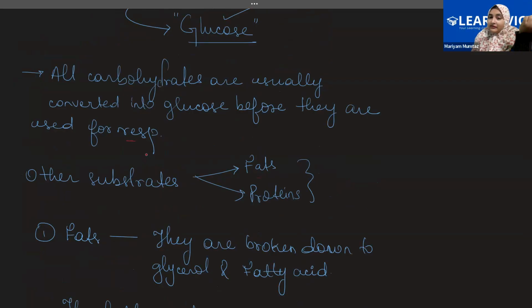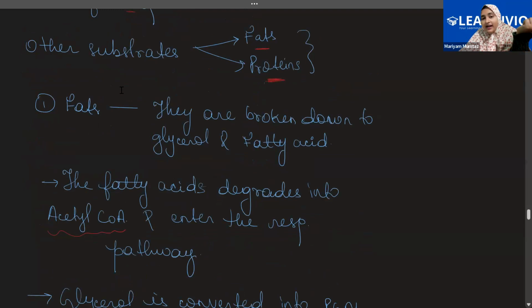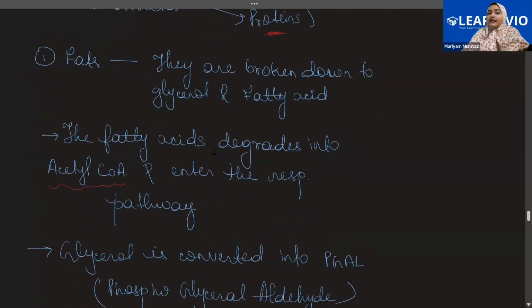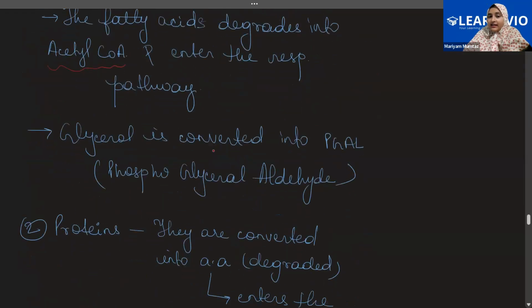Other substrates can be fat molecules or protein molecules, but they are also converted and then only enter the respiratory pathway. So the fat is broken down into glycerol and fatty acid, and then the fatty acid degrades into acetyl coenzyme A and then enters the respiratory pathway. The glycerol gets converted into phosphoglyceraldehyde.